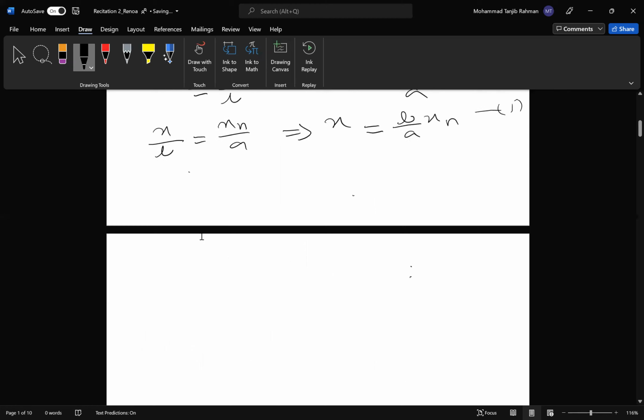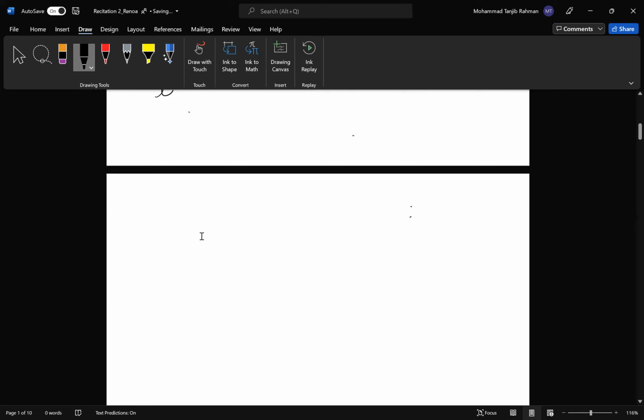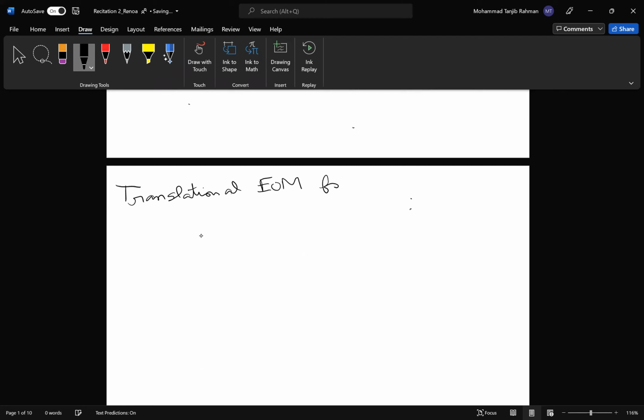So next I'm going to find the equation of motion for both translation and rotation, and I'm going to draw a free body diagram for that. So let's just say this is for the translational equation of motion for mass M.